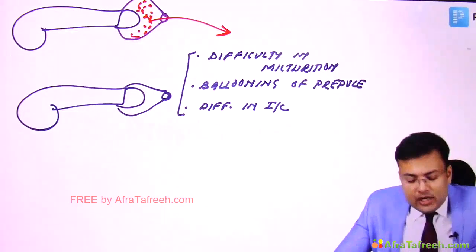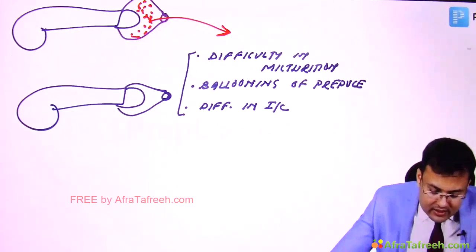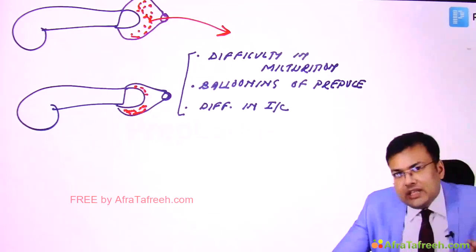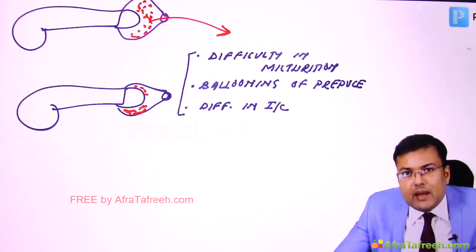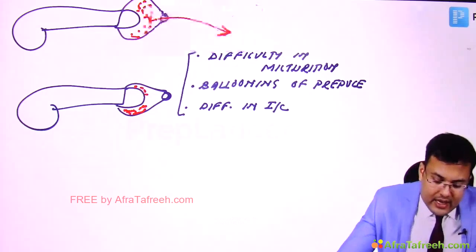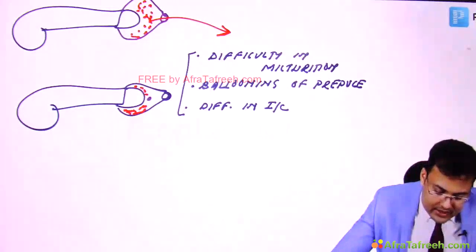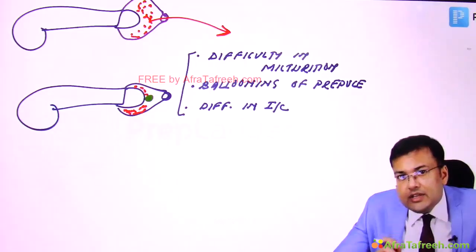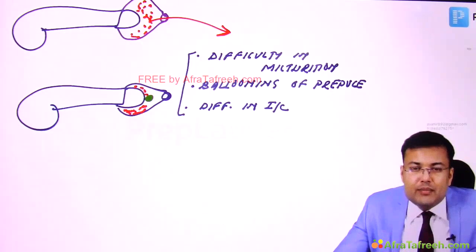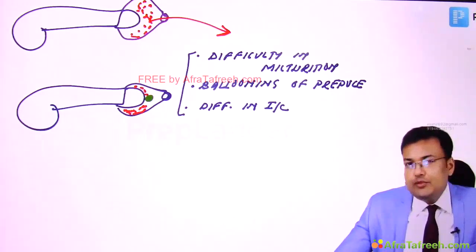Now see the complications. If the prepuce cannot be retracted back, the patient is not able to clean this area, and there is infection of the glans and prepuce, known as balanoposthitis. Second, the secretions sometimes solidify and are converted into a stone just below the prepuce, known as preputial stone or preputial calculi.